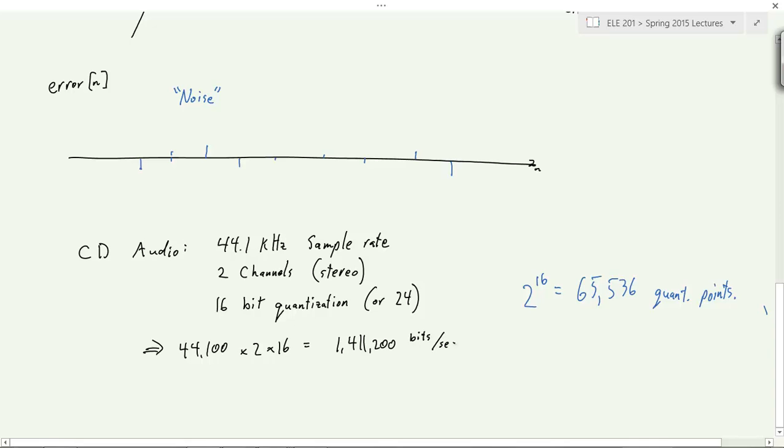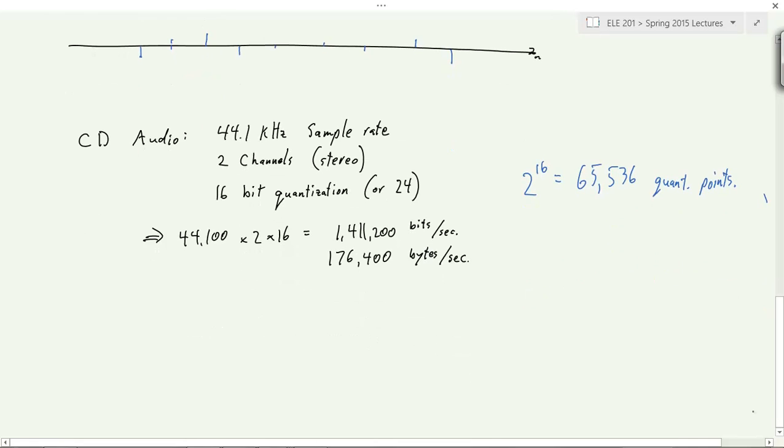Now let's convert that to something we're more familiar with. Let's first take it to bytes. It's 176 if we do 8 bits in a byte. This many bytes per second. And now let's convert it to minutes because we're used to listening to music. We know how many minutes those are. So that's about 10 million bytes per minute.